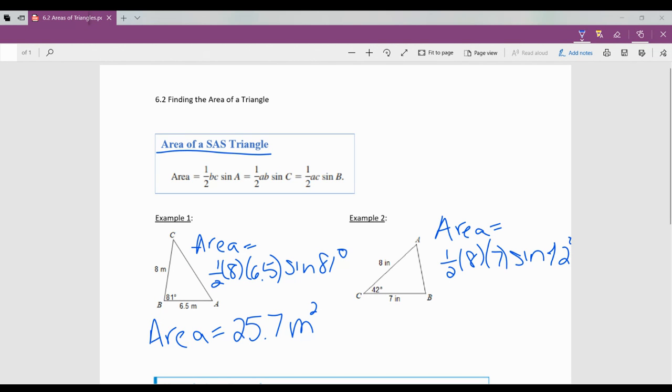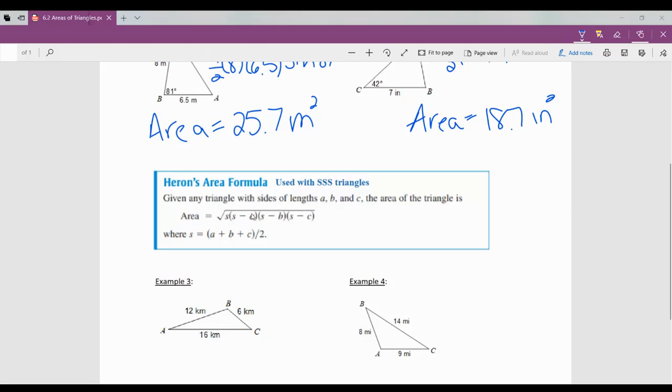So we got 1/2 times 8 times 7 times sine of 42, and we get my area is equal to 18.7. Once again, this is units squared, so inches squared. That's how we would apply the area of a side angle side triangle.